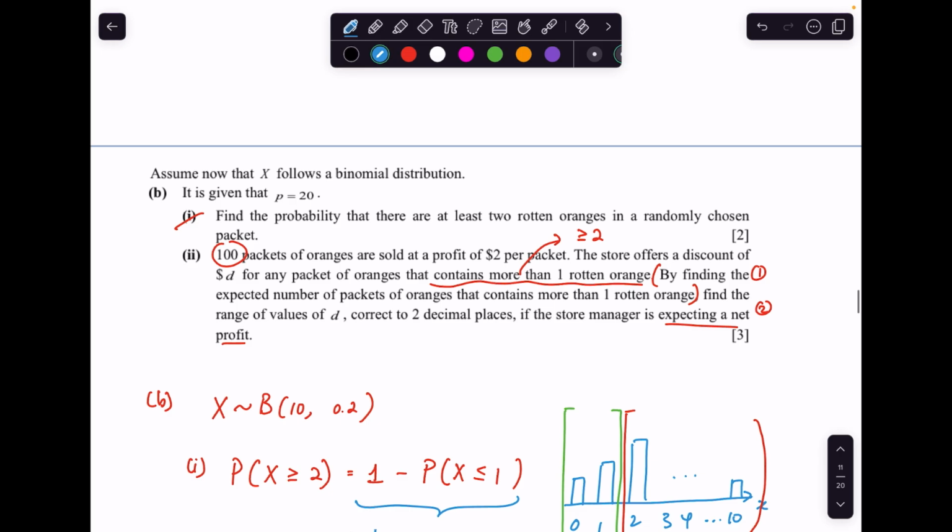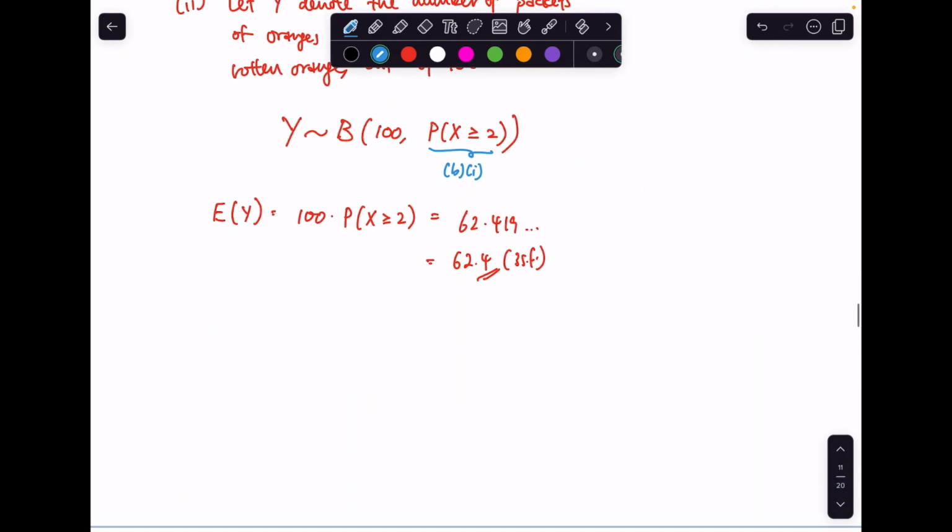They mentioned that if I sell 100 packets and each packet, no issue, I sell it at $2, a profit of $2 per packet, which means if there are no bad packets, and I'm just going to call it bad now, then the profit should be $2 times 100 packets, $200.